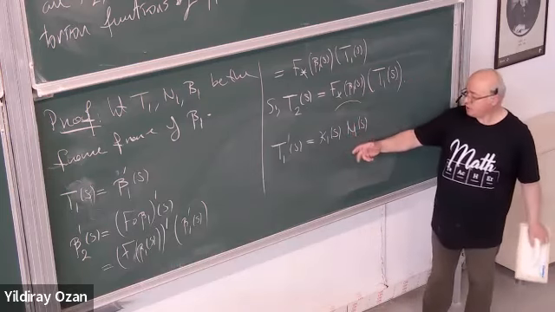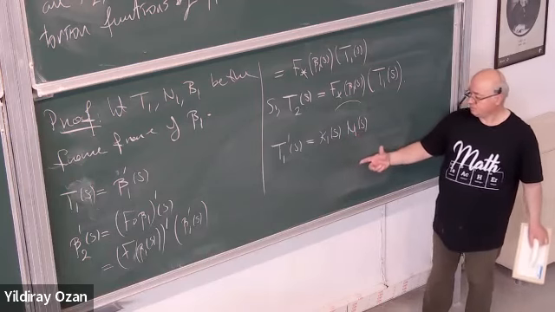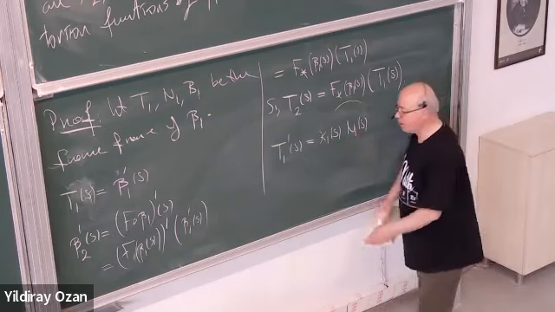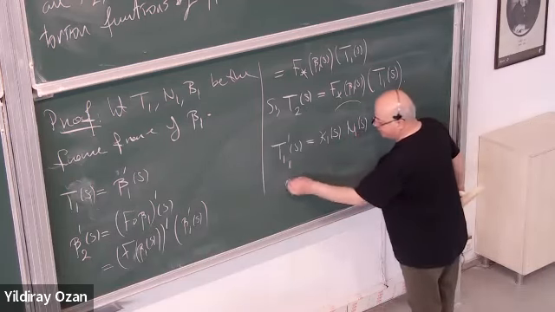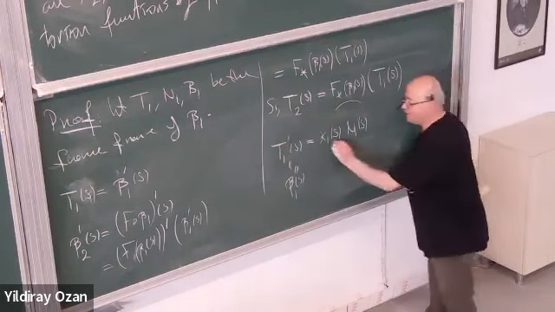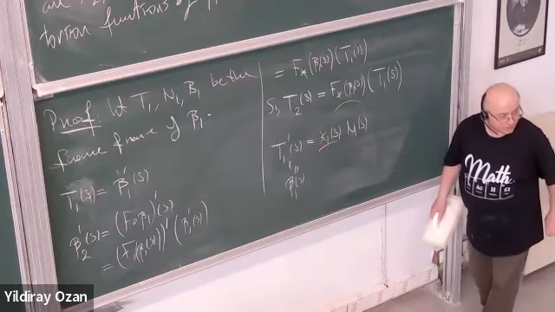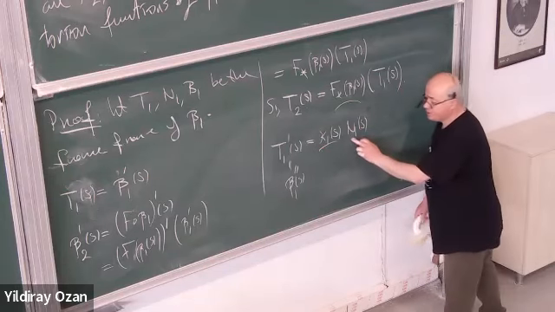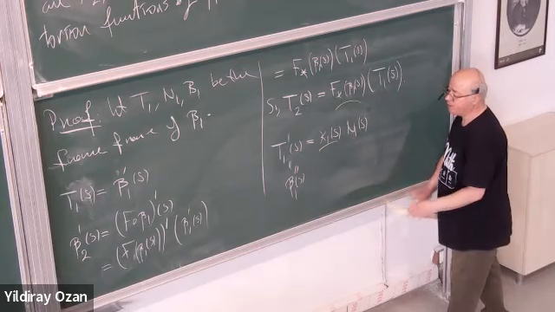Derivative of T1 is nothing but actually the second derivative of beta 1. This is the norm of that derivative, and this is just the vector divided by its length, right?